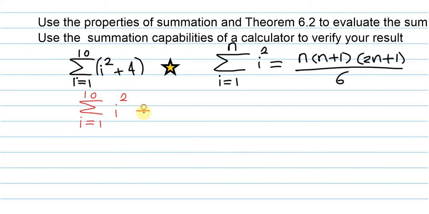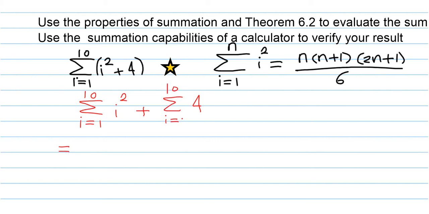Then sigma from i equal 1 to 10 also of 4. The last sigma is sigma of a constant, so we just multiply 4 by 10 to get it. This is a constant multiplied by n. Do you remember this formula? It is the first rule.